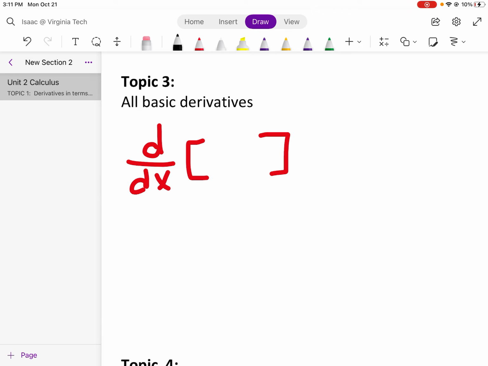Now let's talk about what I just mentioned. The derivative of e to the x is actually just the same. And that's kind of a funny thing. The value e, which I said is about 2.71, is a very significant value that relates to derivatives. I'm not going to get into that right now.